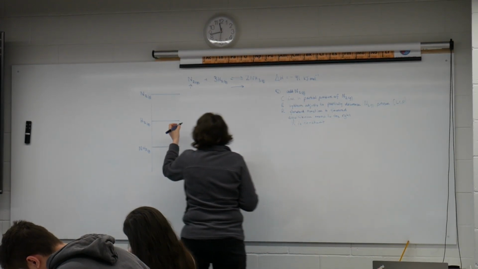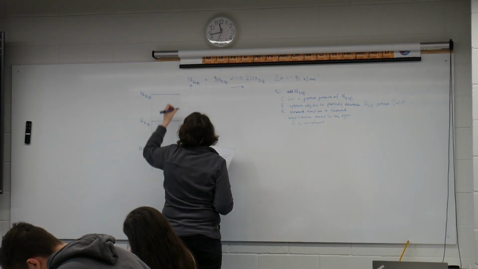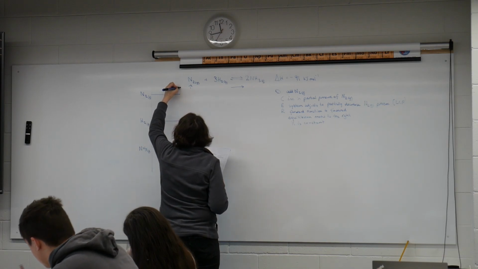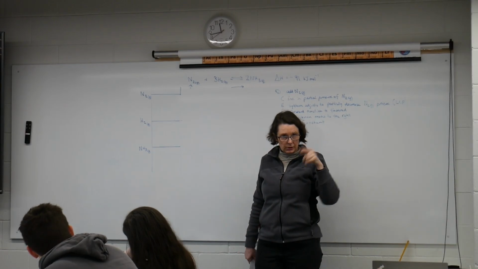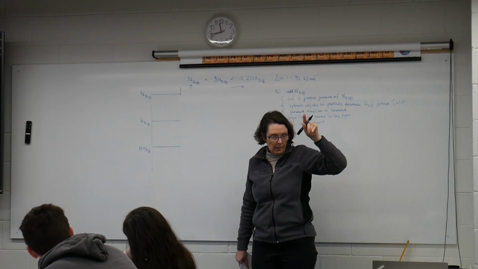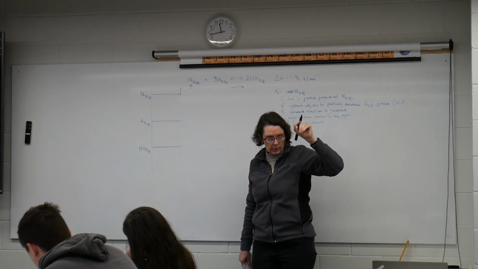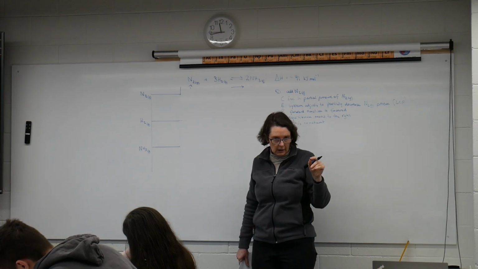So what does our graph look like? Well, we only increase the partial pressure of the nitrogen. So it has a bit that goes up from its original equilibrium position, but the other two remain the same.